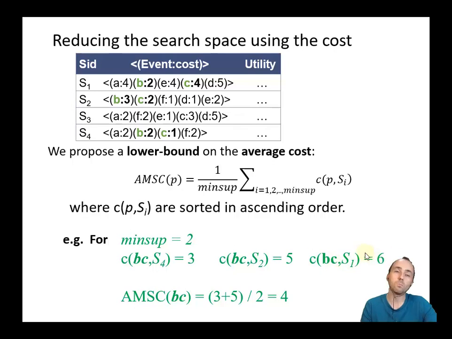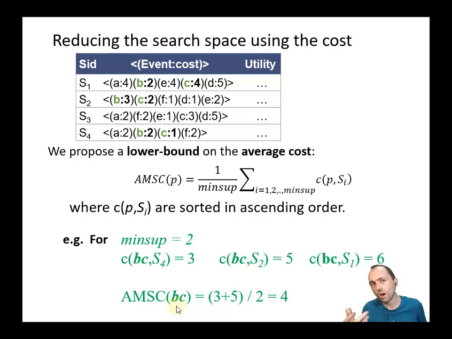Because minsup equals 2, we take the two smallest cost values. Here it is 3 and 5, so we do 3 plus 5 divided by 2, it means 4. And this is a lower bound on the average cost. That means this value, the AMSC of BC, must be smaller than the real average cost of BC. It is a lower bound on the average cost.